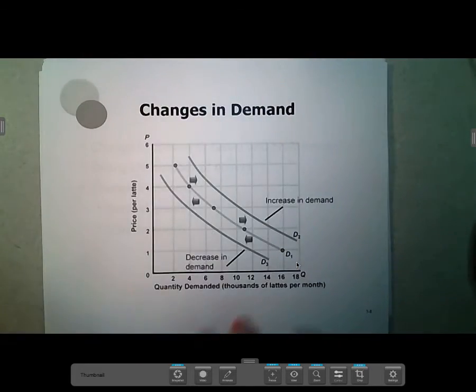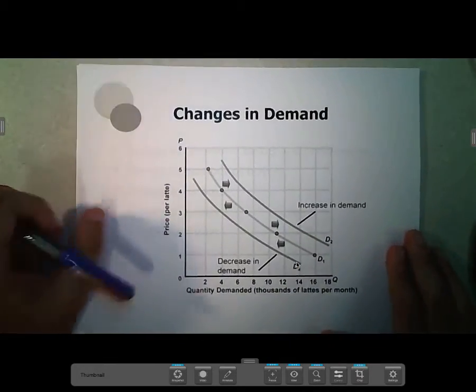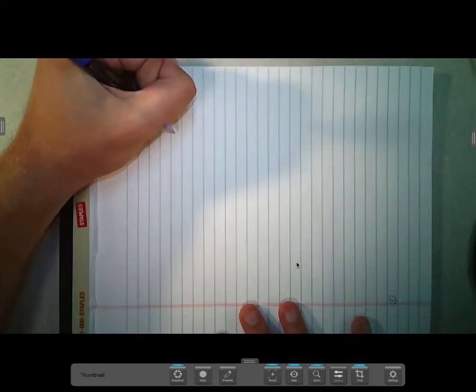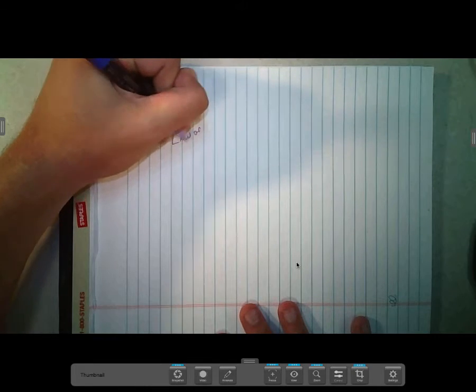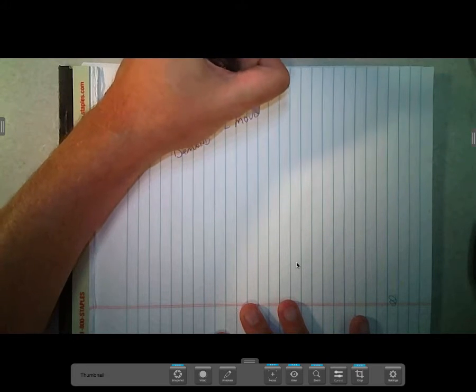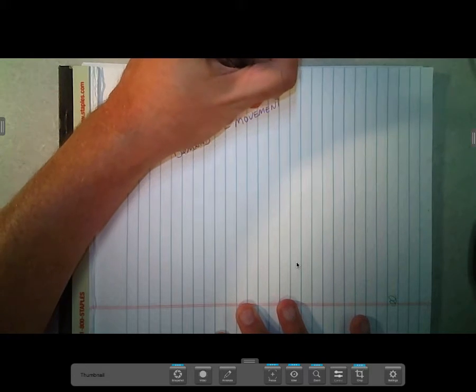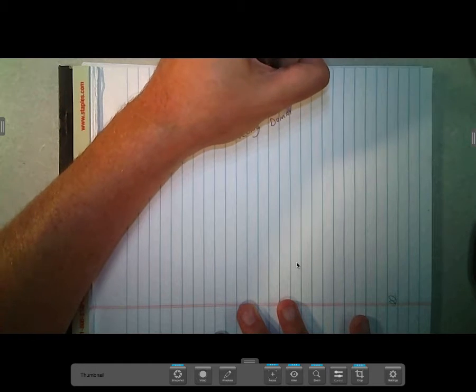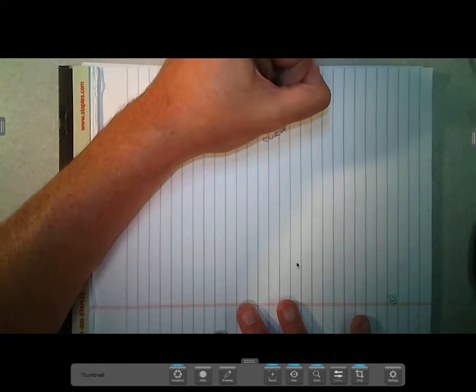So, what I just explained, I'm going to just do kind of like a, let me put it on a separate piece of paper here. What we just explained with the law of demand was a way of talking about movements along the demand curve.